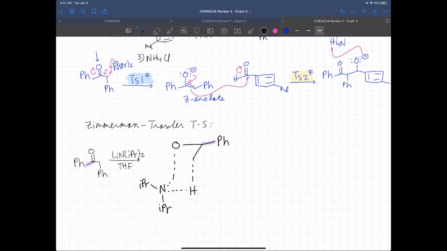All right, so we want to generate a Z alkene. When we do that, you can ask yourself, okay, what happens if I put the phenyl here versus if I put the phenyl here, right? When you put the phenyl on the blue side, what do you think is going to happen?